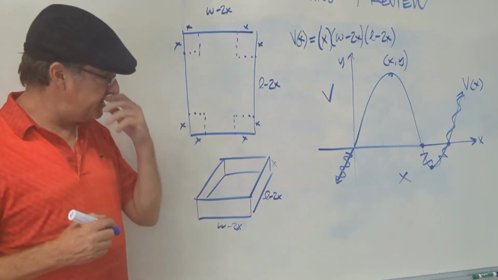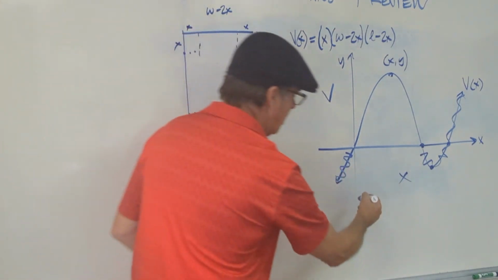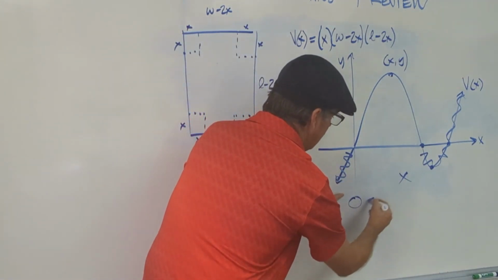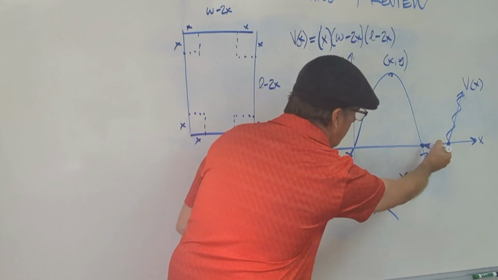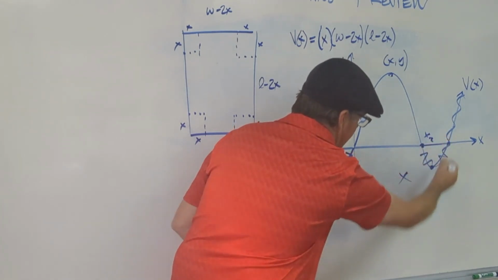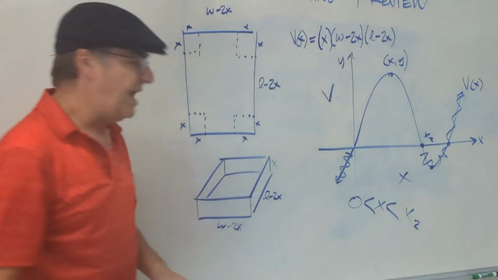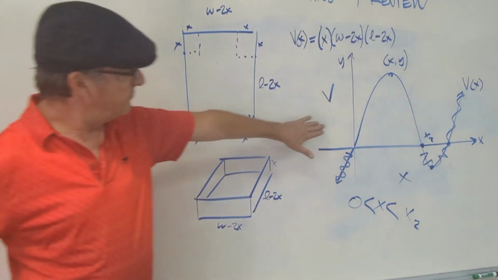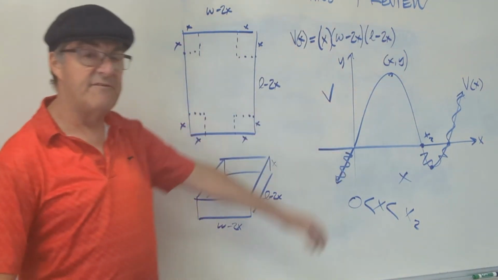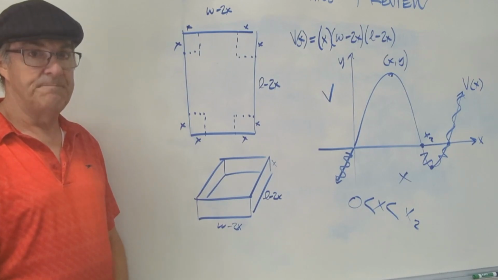In fact, we could say x is bigger than 0 and less than whatever this value is, x2. And that would limit our result to just the part of the graph that's relevant for our problem.